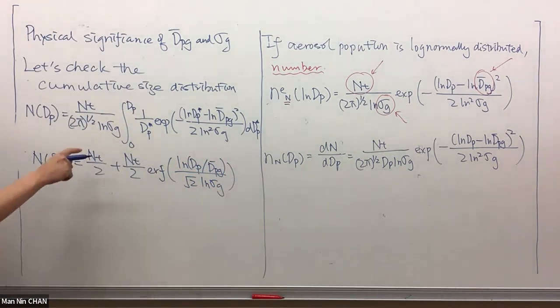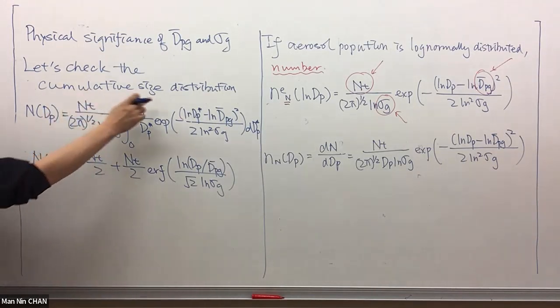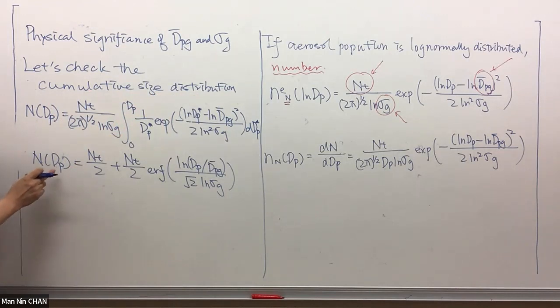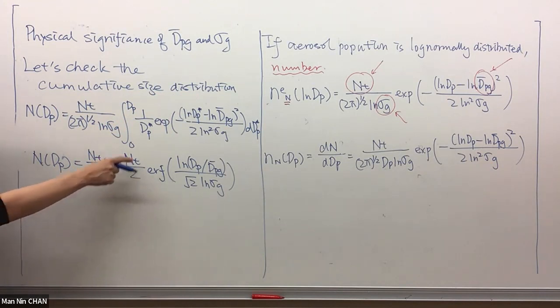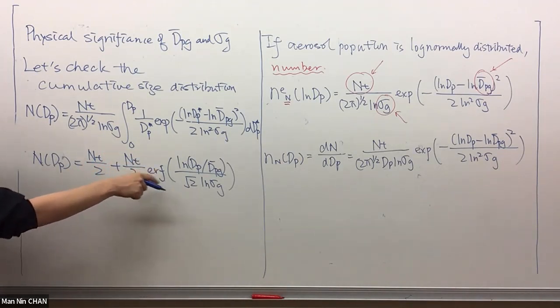I just show you the result and skip the steps. But the idea is that your cumulative size distribution, up to a certain particle size that we're interested in, will be equal to NT, the total aerosol number concentration, divided by 2, plus NT, again the aerosol total number concentration, divided by 2, times the error function.